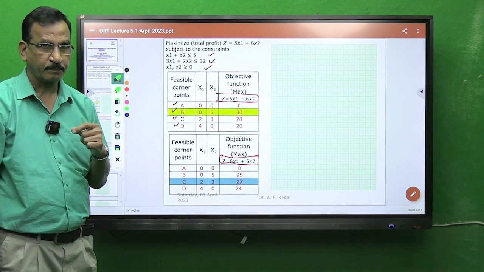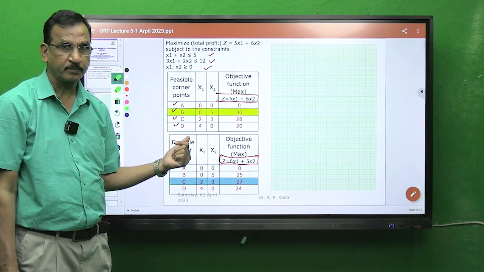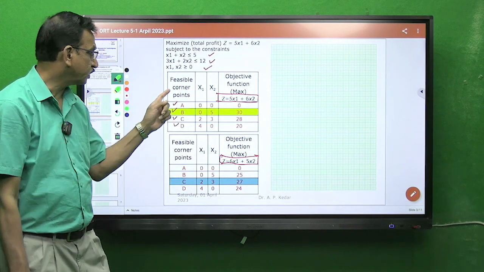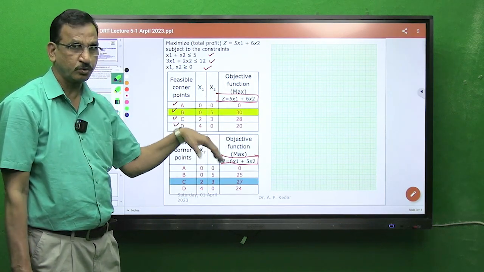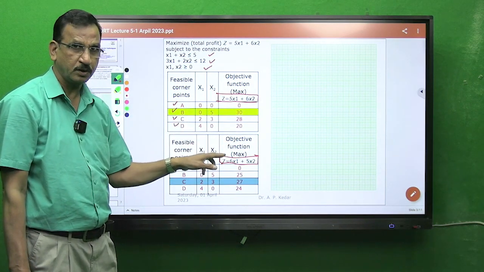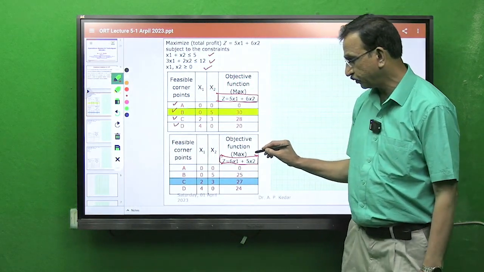Remember one thing, the feasible region remains the same, the feasible corner points remain the same. What I did is I have only changed the objective function to show how this changes.